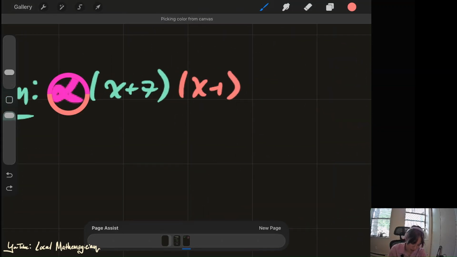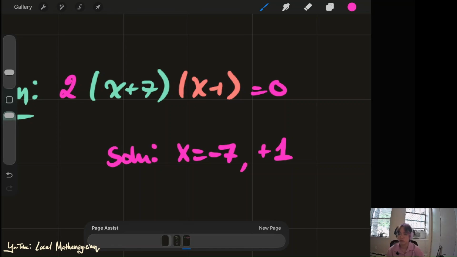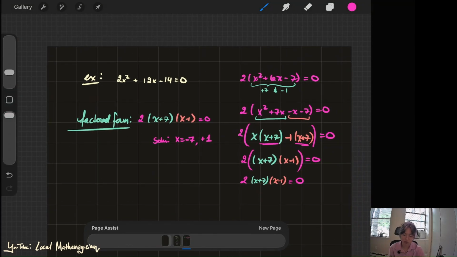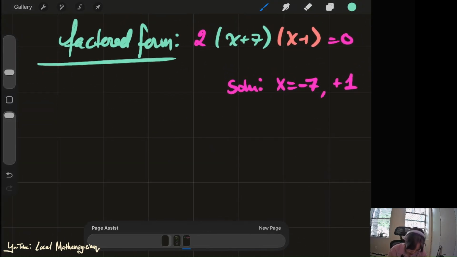Great, fine. And of course, we know that the solutions are x equals -7 and +1. Cool. Nothing crazy here, right? All seems reasonable. Okay. If we wrote this in completed square form, right?